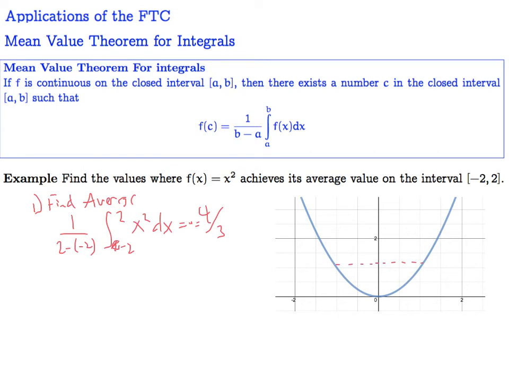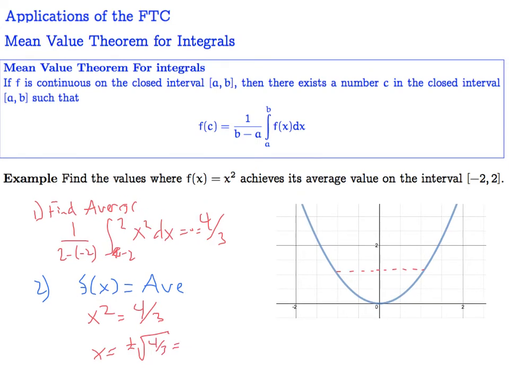And this is as simple as setting your function f of x equal to its average. So in this case, we need to set x squared equal to 4/3 and solve. So we have x equal to plus or minus the square root of 4/3, which is just going to be plus or minus 2 over the square root of 3, which if we get out our calculators is about plus or minus 1.1547 and so on.